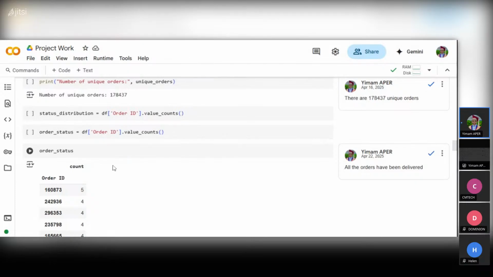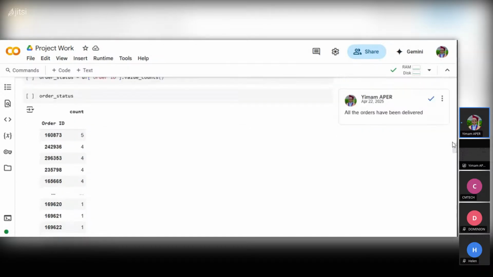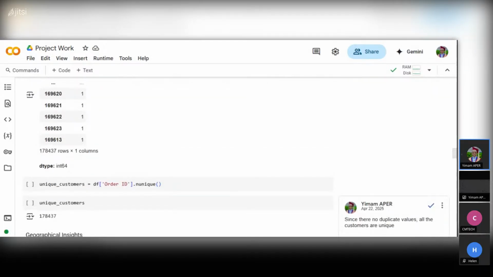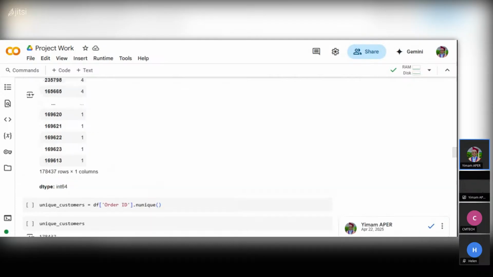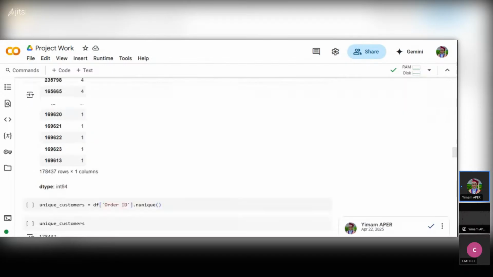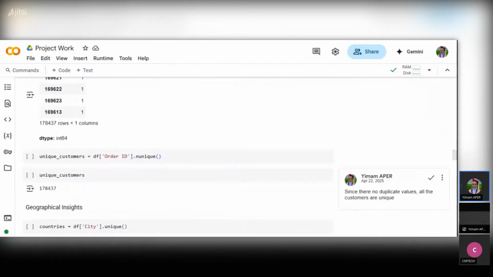When I printed order status, it gave me the order status, and I think these were the number of products that were ordered. So I tried to conclude that, well, if it's like that, they were all delivered maybe, because the question was not really going to pull through because of that fact.